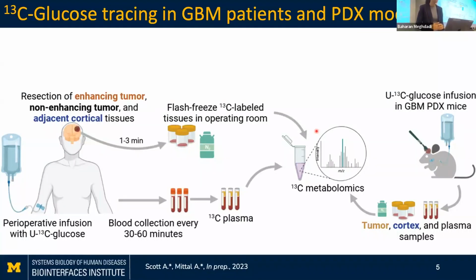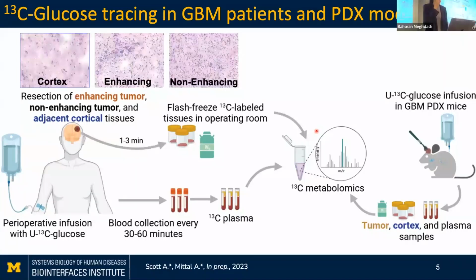To do that, we have some patients and we infuse them with 13C glucose. This infusion was during the surgery, and after the surgery, we had 3 samples from each tumor: enhancing, non-enhancing, and adjacent cortex. This classification is based on the histology of these samples.